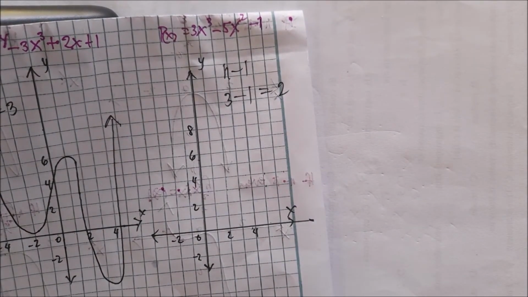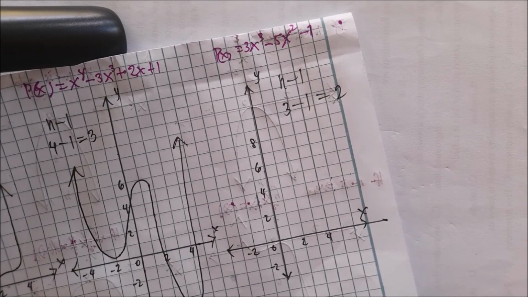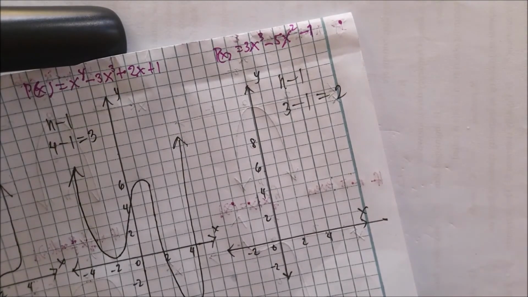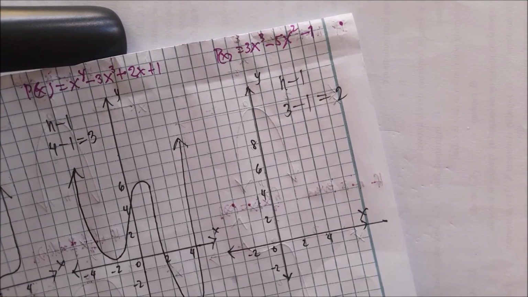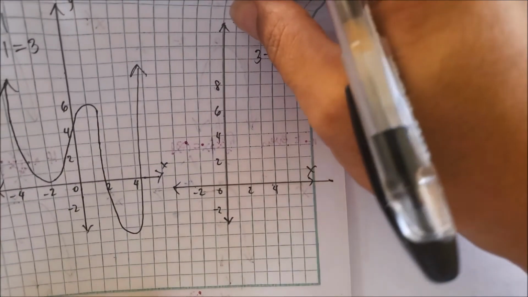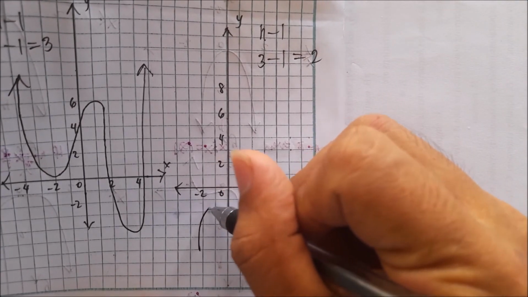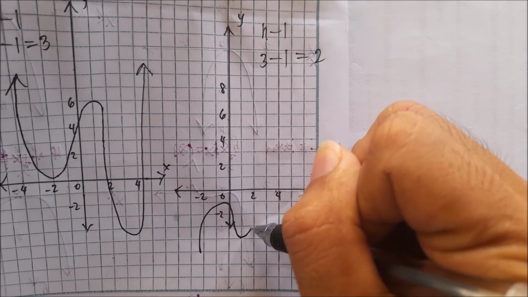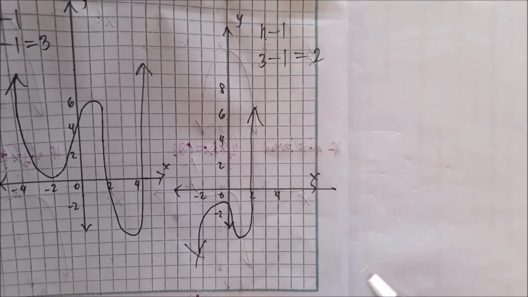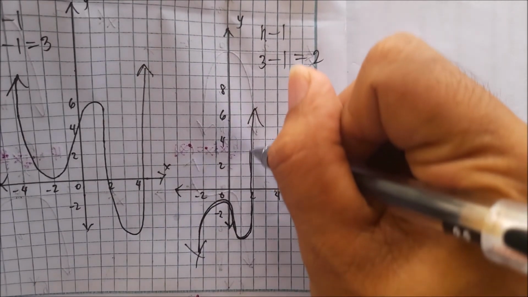There are 2 turning points in the graph, and the highest degree is an odd number, so you can determine that the graph starts from the opposite form. Highest, lowest: 1 turn, another turn, 2.